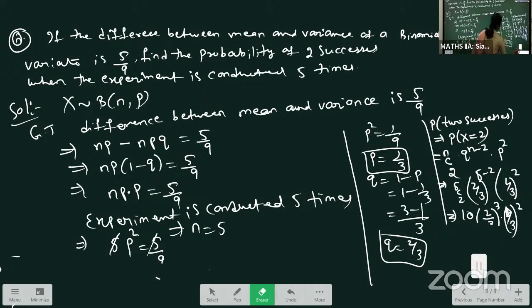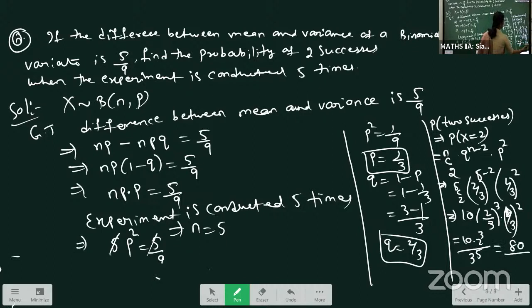I'll write it again. 10 into 2 cube by 3 to the power 5. 2 cube is 8, 8 into 10 is 80, by 3 to the power 5, which is 243.